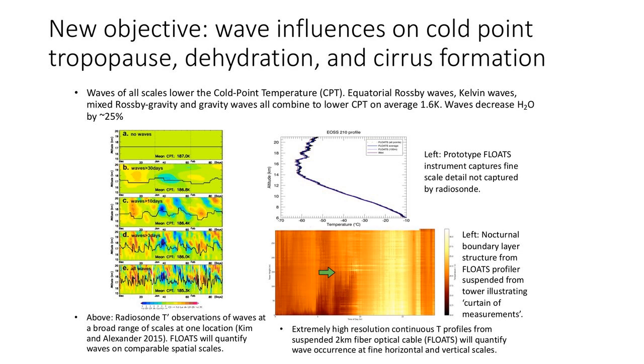This particular image was from a test they did from a tower, but just to give you an idea that it's going to provide a curtain of temperature profiles as it's flying along. And hopefully we'll be able to see different periods of waves in fine detail at the cold point tropopause.